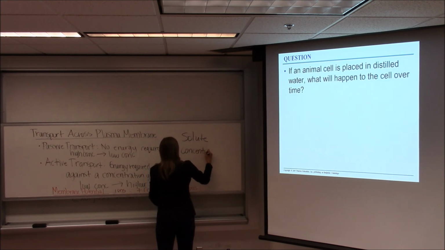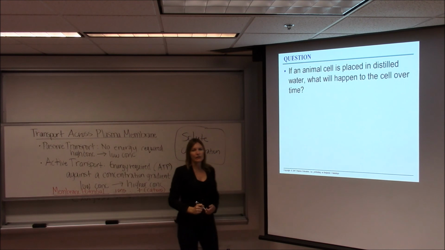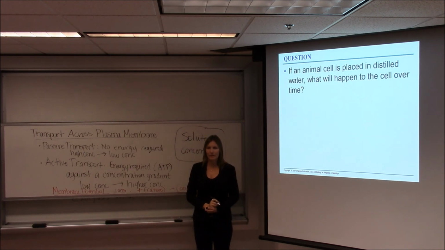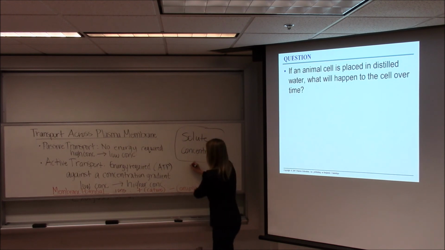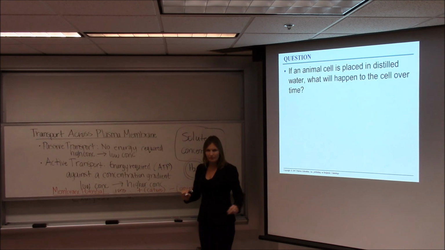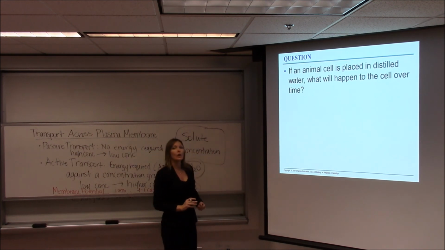You need to think about where the solute concentration is highest. Are there any solutes in distilled water? No. If it's truly distilled water, it should just be H2O. Nothing else, no solutes. So that would be the lowest possible solute concentration.